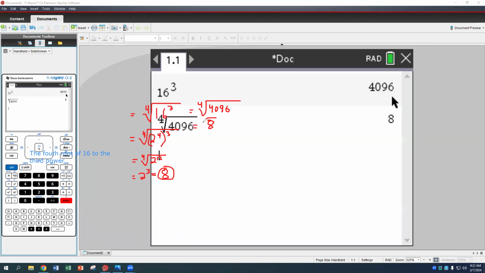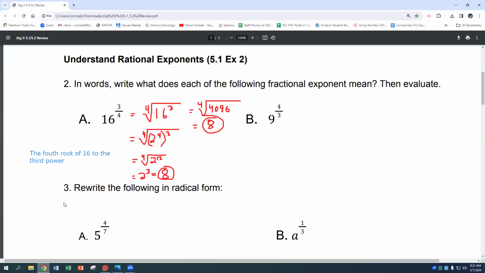So either way you want to do it, you want to use your calculator, or you want to change 16 into 2 to the fourth, we're going to end up with a final answer of 8. So that means the fourth root of 16 to the third power is equivalent to 8.